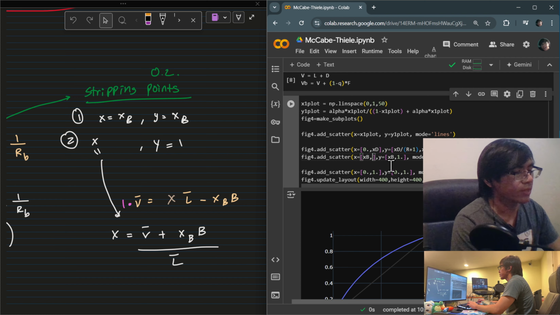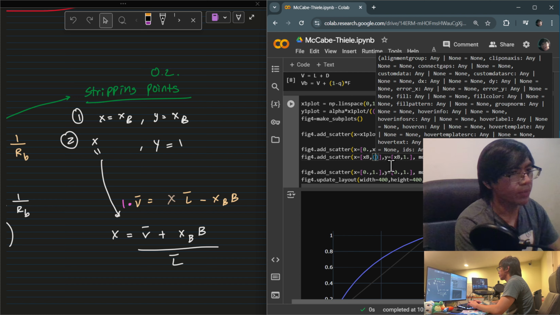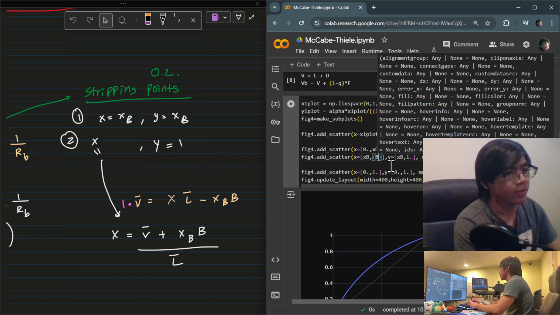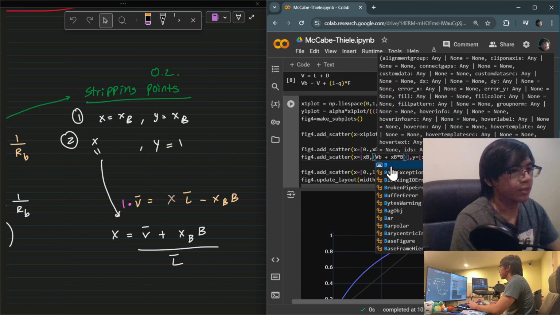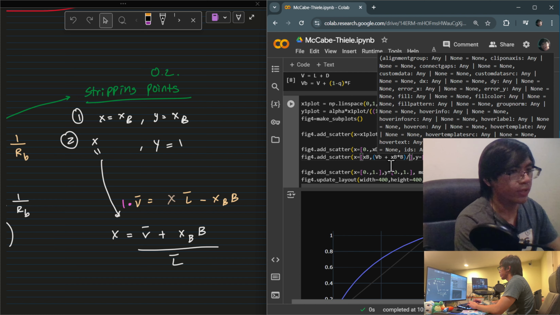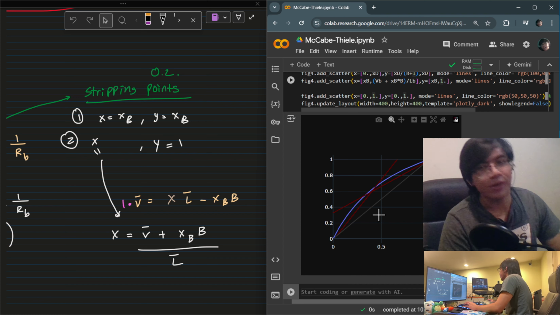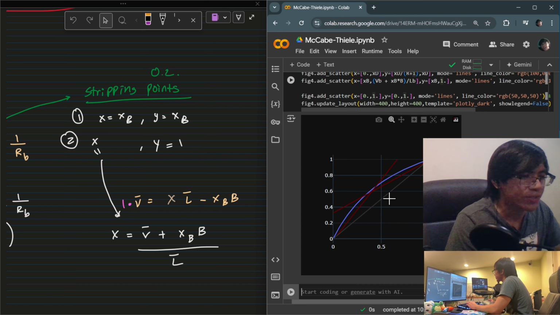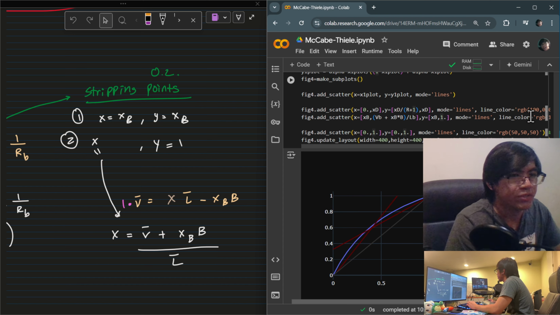And the other one was this expression, B bar xB over L bar, plus xD times V over our liquid flow rate, L bar. That corresponded to y equals 1. Did I do that right? And y was equal to that. Let's go! First try. So we got our 2 points here, graphed in red since RGB, so 100 on the first parameter there.